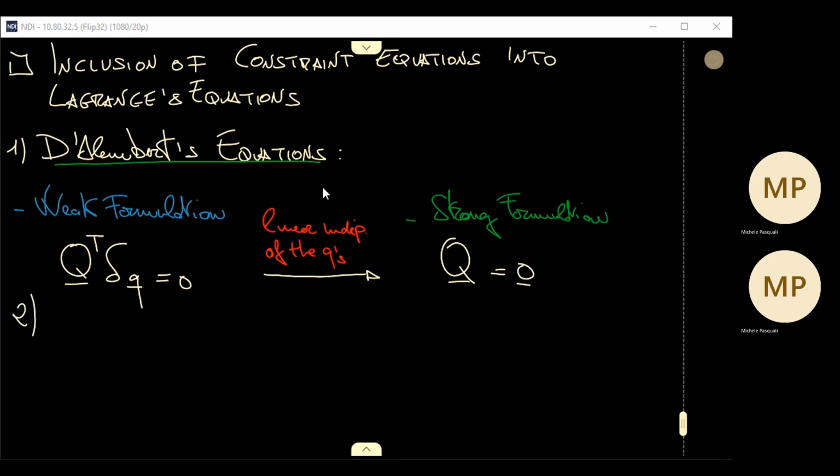The same we did for the D'Alembert-Lagrange equation, okay? So we have here the D'Alembert-Lagrange equation, which we wrote like this.